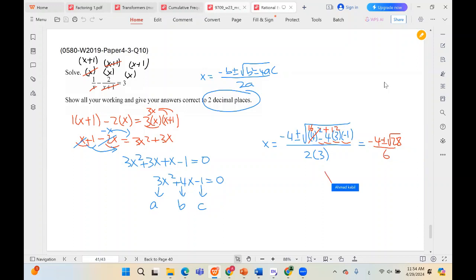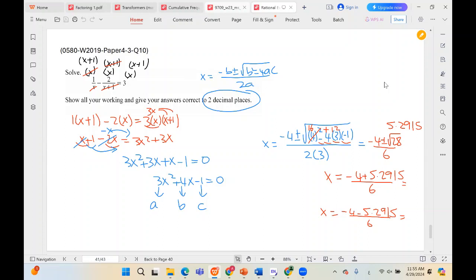So either x is equal to negative 4 plus, you need to figure out root of 28, of course. This is 5.2915. Use as many decimals as possible so that your final answer is definitely accurate. So 5.2915 over 6, or x is negative 4 minus 5.2915 over 6.